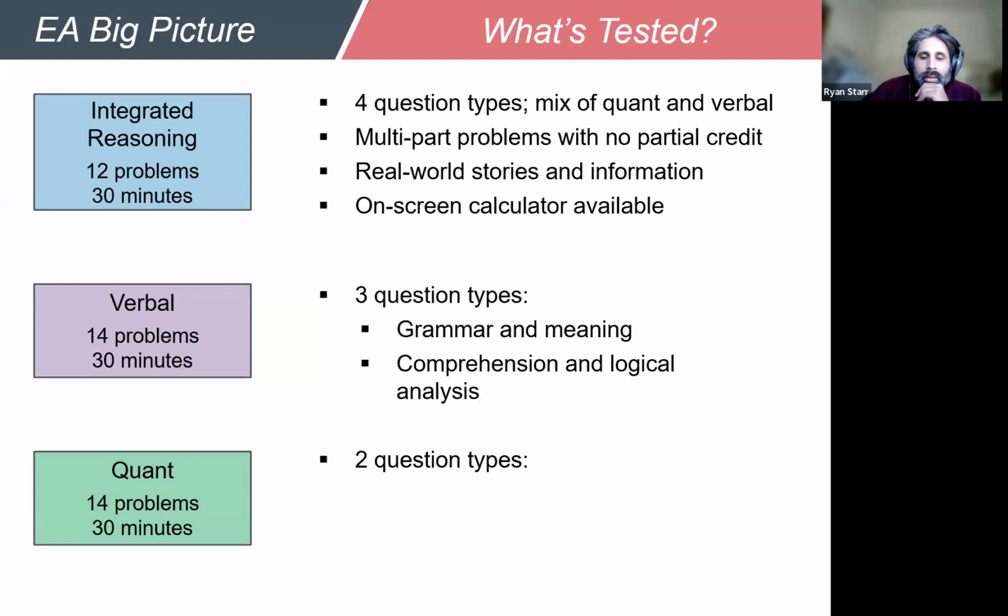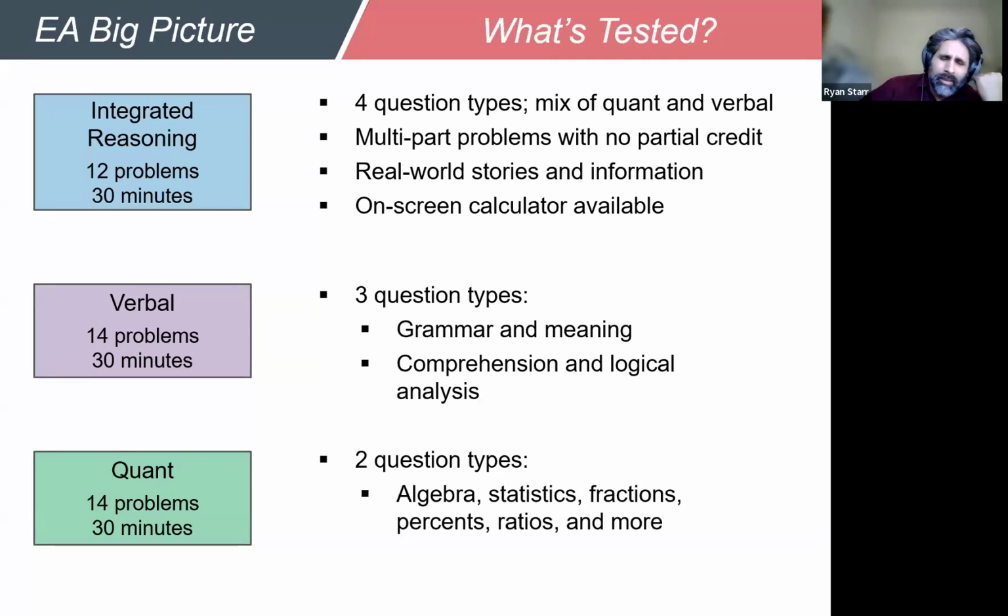Quant has 2 question types. Same as the 2 question types that used to be on the GMAT. Problem solving and data sufficiency. Okay. The topics tested are the same topics we mentioned for integrated reasoning: statistics, percents, ratios, but also fractions, which do get pretty heavily tested in integrated reasoning and honestly are about the same thing as percents and ratios. Algebra as well, linear algebra above all.